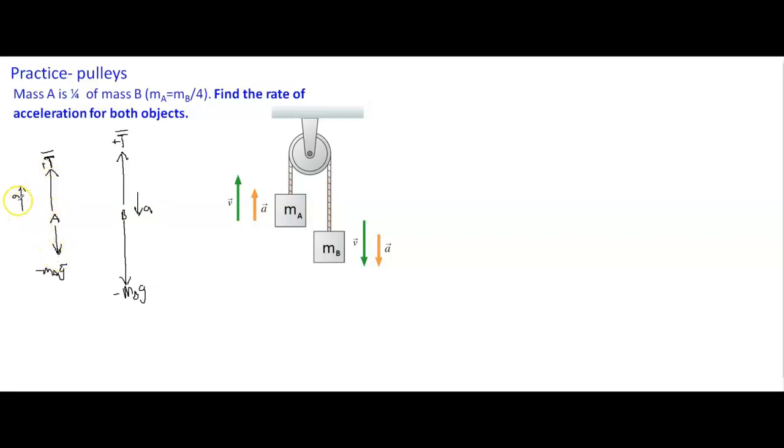So the acceleration vector tells you the direction of the net force. That means the sum of the forces up has to be greater than the sum of forces down if the acceleration vector is pointed up. Let's go ahead and sum those. Apply Newton's second law for mass A in the y direction, and apply Newton's second law for mass B in the y direction.